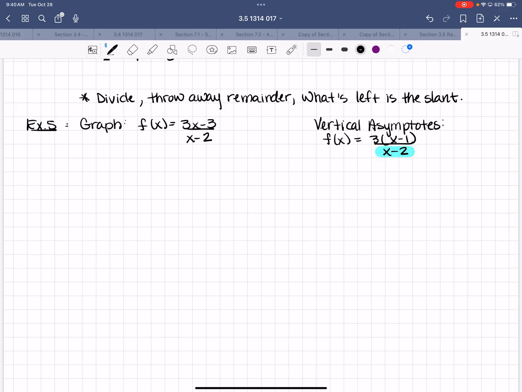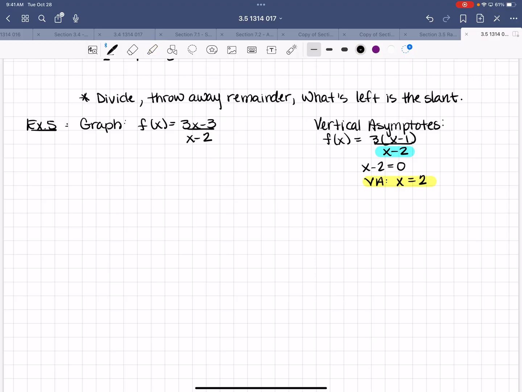That means x minus 2 will become a vertical asymptote, not a hole. So I'm going to say x minus 2 equals 0. So I have a vertical asymptote at x equals 2. That's important when I go to graph it. Okay? Vertical asymptote at x equals 2.